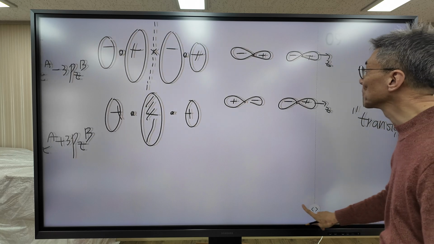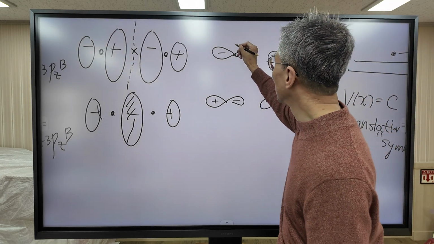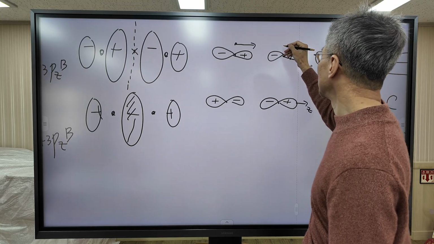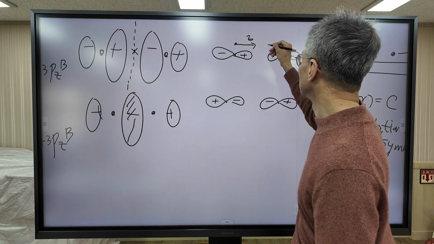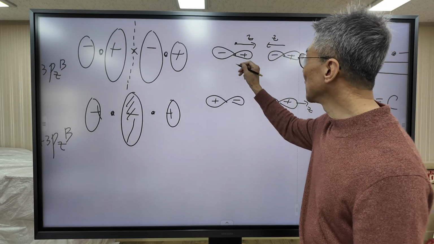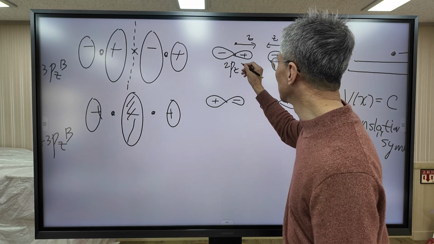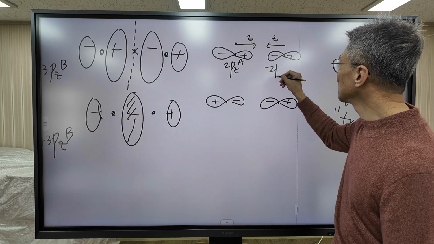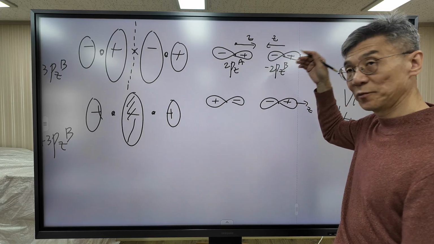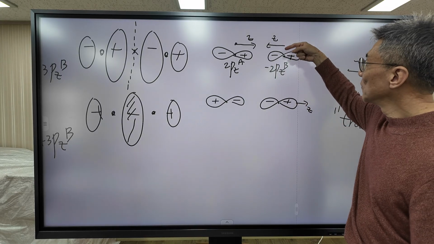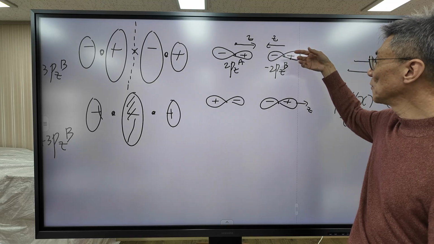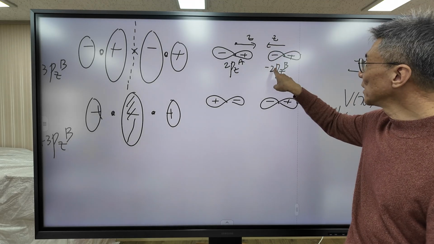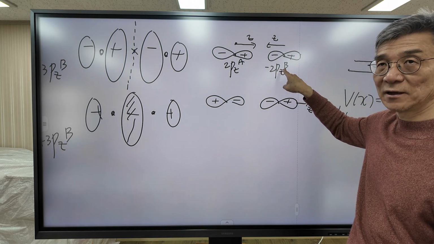What does that mean? For this orbital, I'm going to choose the g-axis like this, and for that one like this. Then this orbital is 2pgA, but when this orbital is minus 2pgB, when I define the g-axis for the right orbital in this direction, the orbital is minus 2pgB, right?